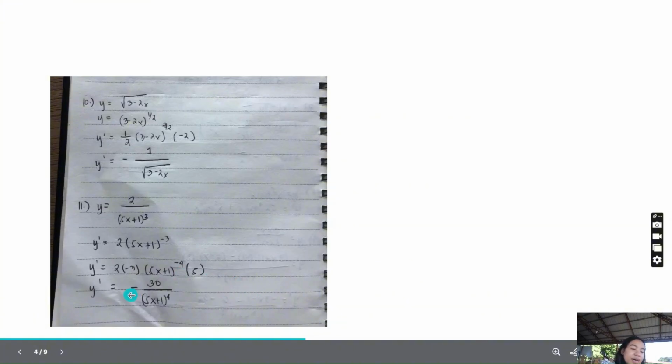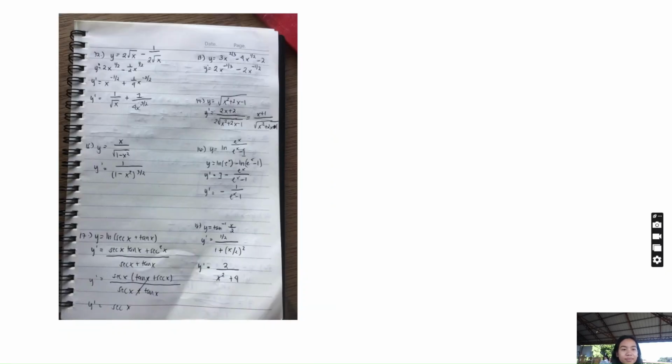So 5 times 2 would be 10 times negative 3, that would be negative 30, and then we will put 5x plus 1 to the power of negative 4 as the denominator of this fraction. Therefore, our answer for this is negative 30 all over 5x plus 1 to the fourth by applying the chain rule. So that is our answer for number 11.